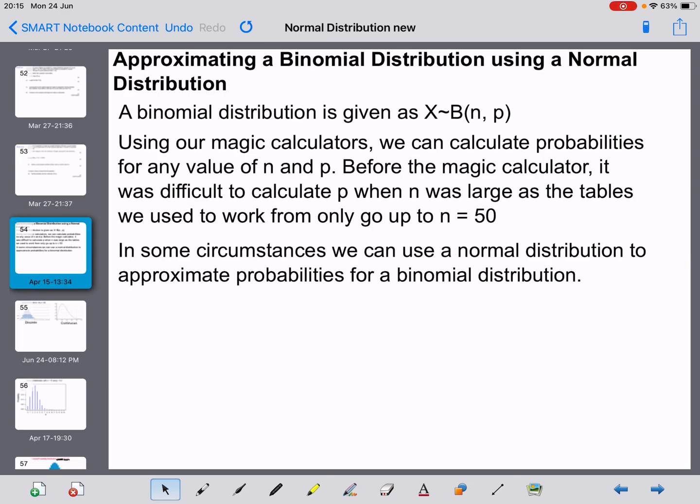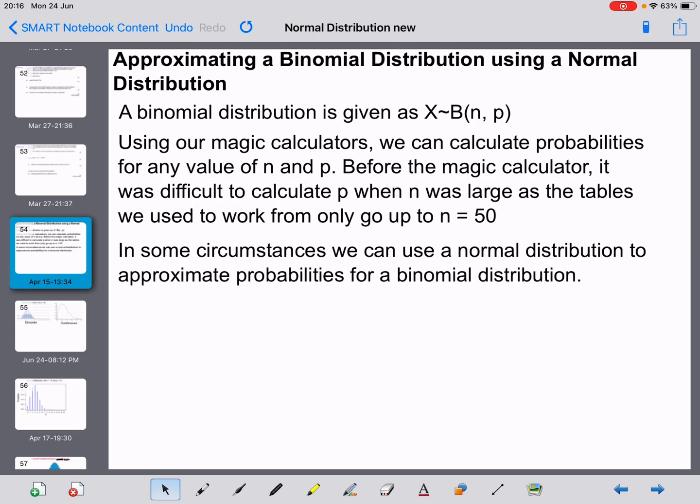When n was more than 50, we were unable to work it out properly because the tables didn't go that far and we didn't have a magic calculator. So what we used to have to do is approximate or estimate what the binomial distribution probability would be using our normal distribution tables.